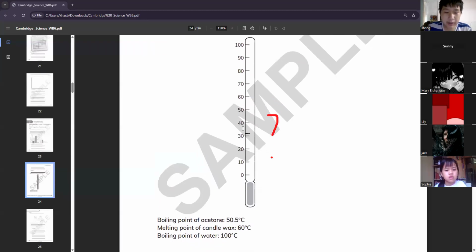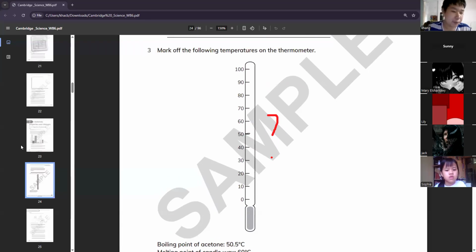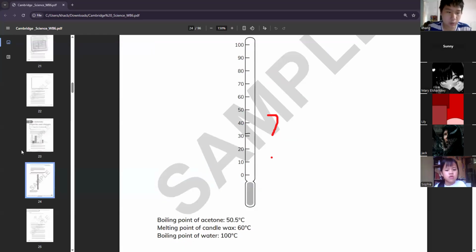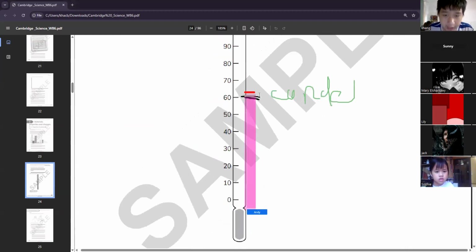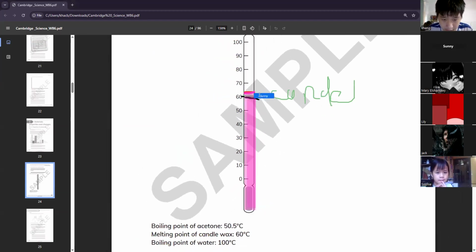All right. Can anybody graph me the melting point of candle wax using annotation? Yeah, 60 degrees. Yep, around that range. 60 degrees. All right.